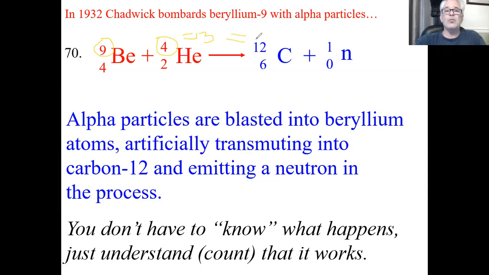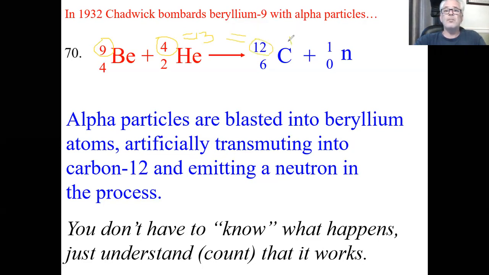And that equals 12 plus 1. So the numbers on top work. And how about the numbers on the bottom? We have 4 and 2. That equals 6. And on the other side, we have 6 plus, of course, 0. So the numbers work. The math is simple.